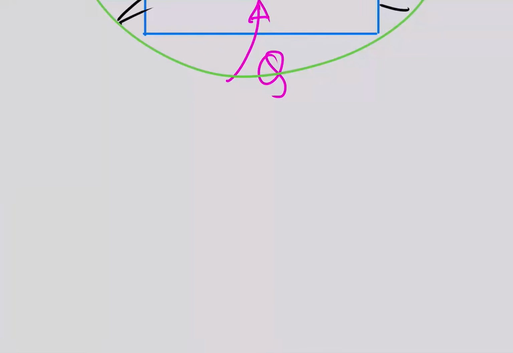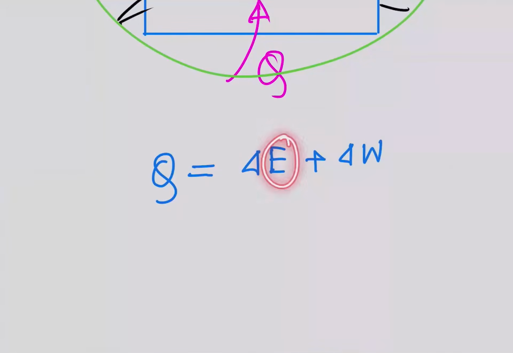Q is equal to delta E plus del W. So what is this E? E is the energy. It includes both the microscopic as well as the macroscopic forms of energy, that is kinetic energy, potential energy, and the internal energy.